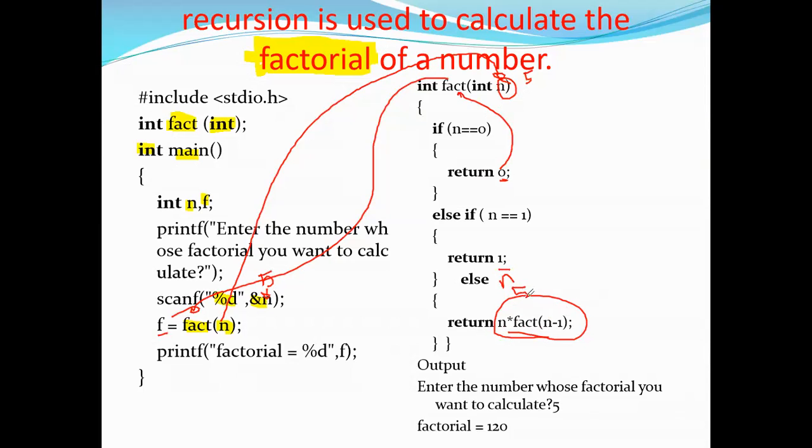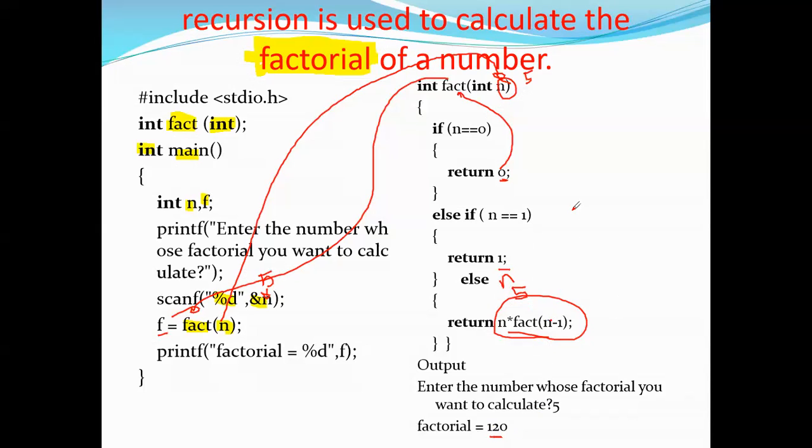In the return statement you call fact(n-1). n minus 1 is 4, so it calls fact(4). Factorial 4 has to be calculated, but before that it goes to fact 3, fact 2, fact 1. The operation is repeated until fact 1. Finally, you need to get this result.